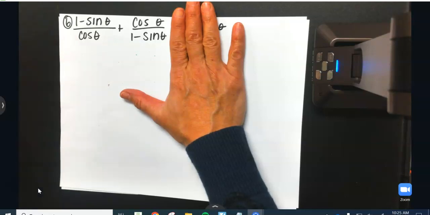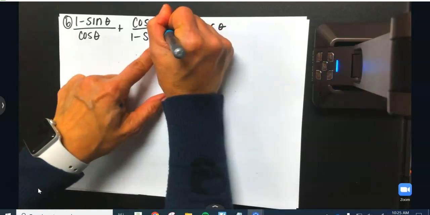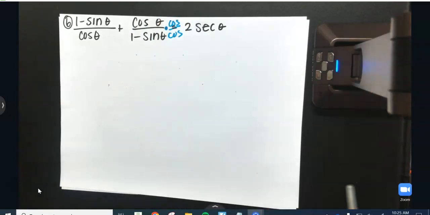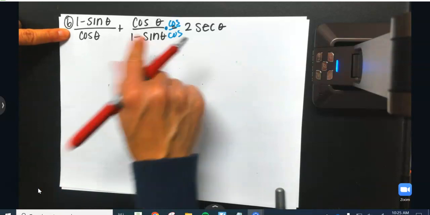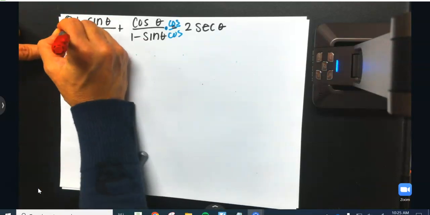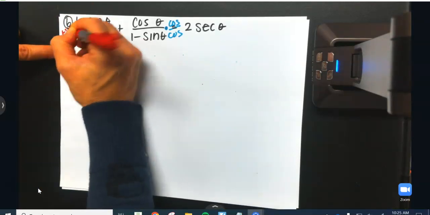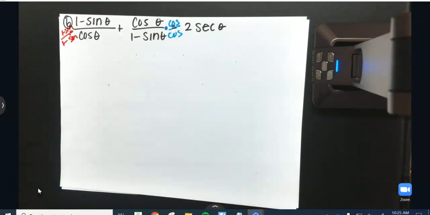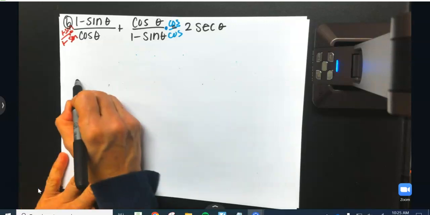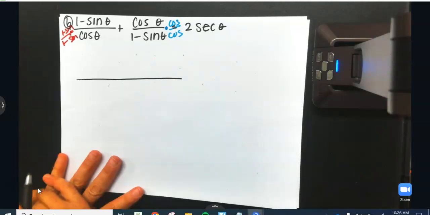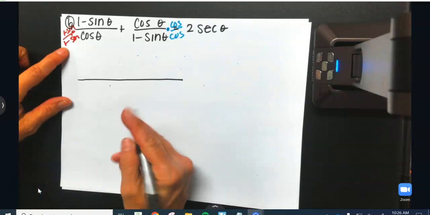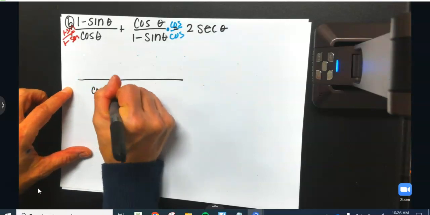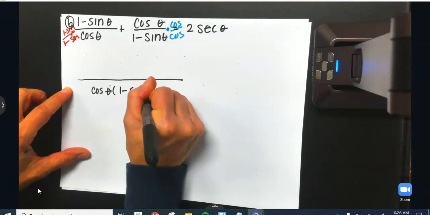So we're going to find the common denominator. Remember, I'm going to multiply this by that denominator, and I'm going to multiply this by that denominator. I'm going to draw one long fraction bar because I know what the denominator is. It's both of these put together: cosine theta times 1 minus sine theta.